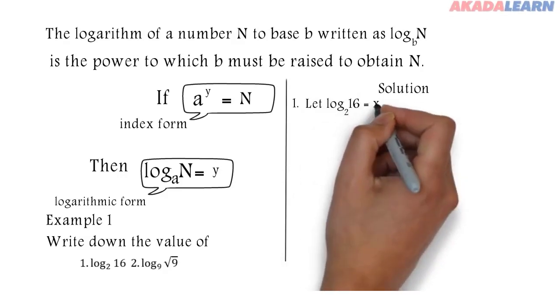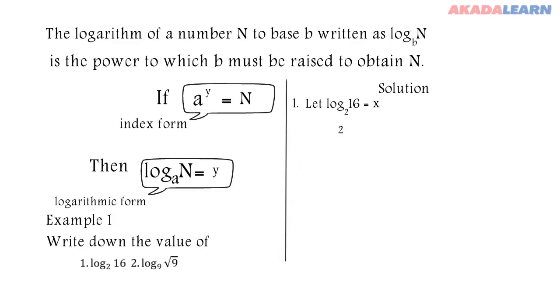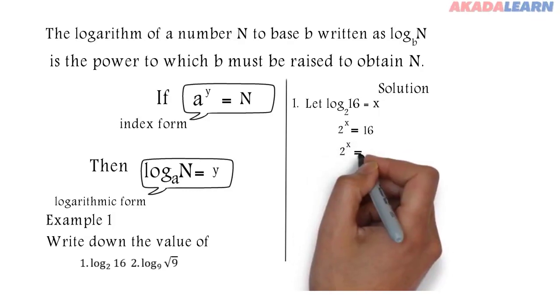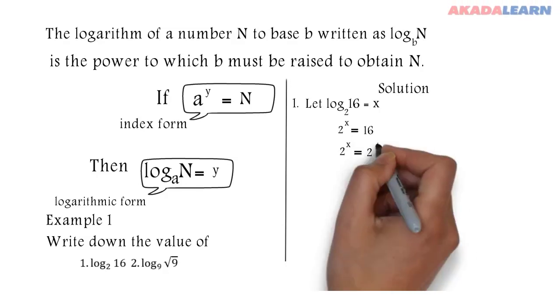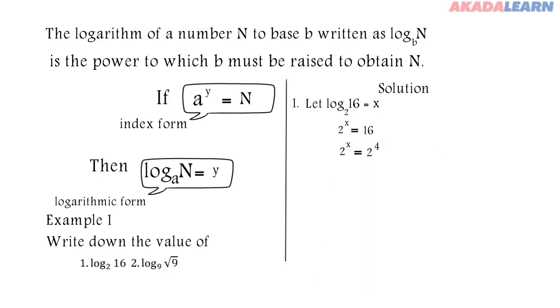We will now convert it to index form by saying 2 raised to the power of x is equal to 16. Since we have 2 as the base on the left hand side, we are going to write 16 as 2 raised to the power of 4. Since the bases are now equal, it means we can now equate the powers. So our x is equal to 4.